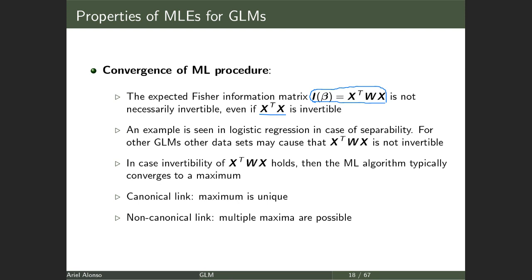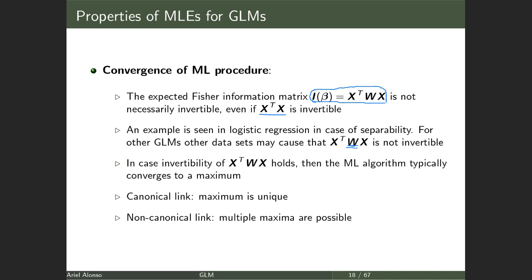For instance, a typical example of that is when you're dealing with logistic regression and you have separability, right? When you have separability, then this W matrix here, which is essentially in the logistic regression n_i times p_i times 1 minus p_i, is the null matrix. This is equal to 0.